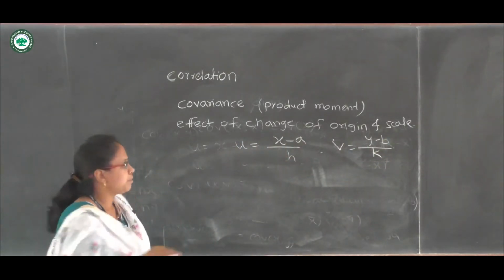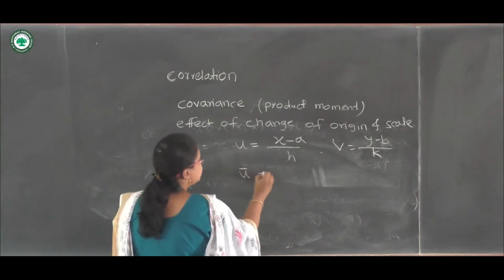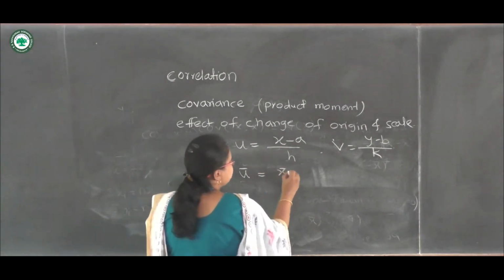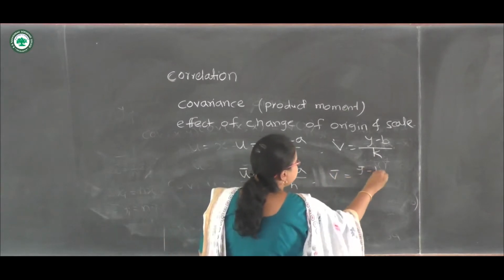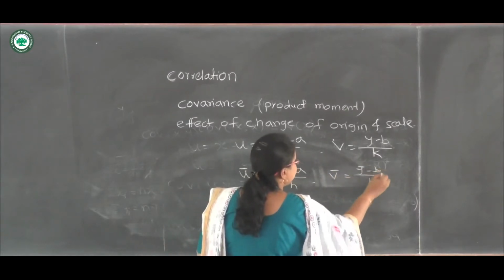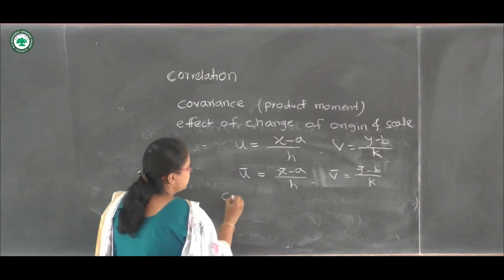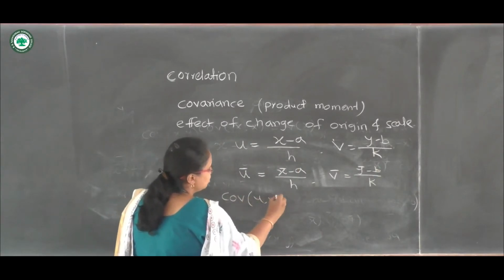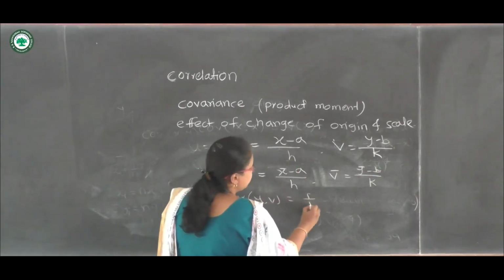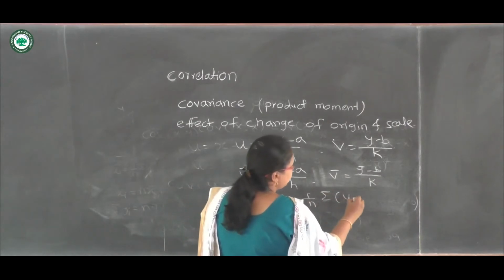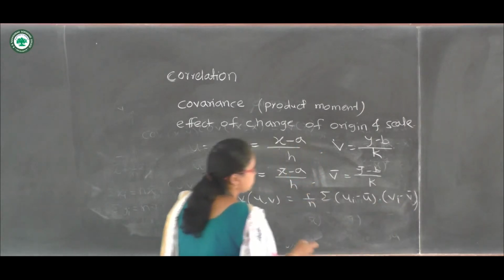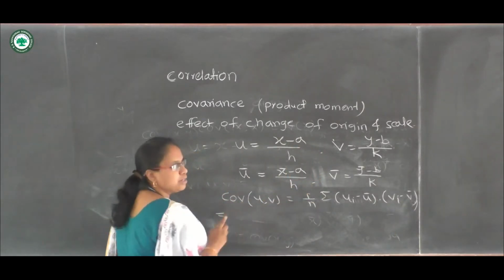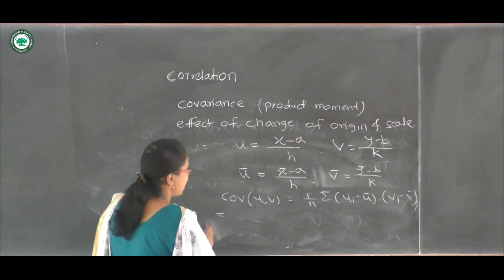We know from the properties of average, u bar is x bar minus a upon h and v bar is y bar minus b upon k. So by definition of covariance, again it can be written as 1 upon n summation of ui minus u bar into vi minus v bar. So let us put all the values of u, u bar, v and v bar.